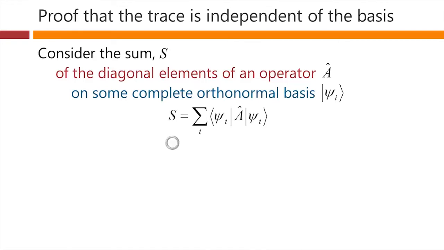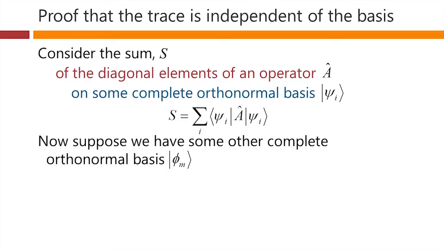So here is what the sum of the diagonal elements are. We remember that these were the expressions for the elements of an operator as a matrix, and in this case we're looking at the diagonal ones, which are the ones which have the same index for the rows and the columns. So the sum of all the diagonal elements of the matrix is a sum over i of all of these elements, which are the diagonal elements, because i is the same here on both sides.